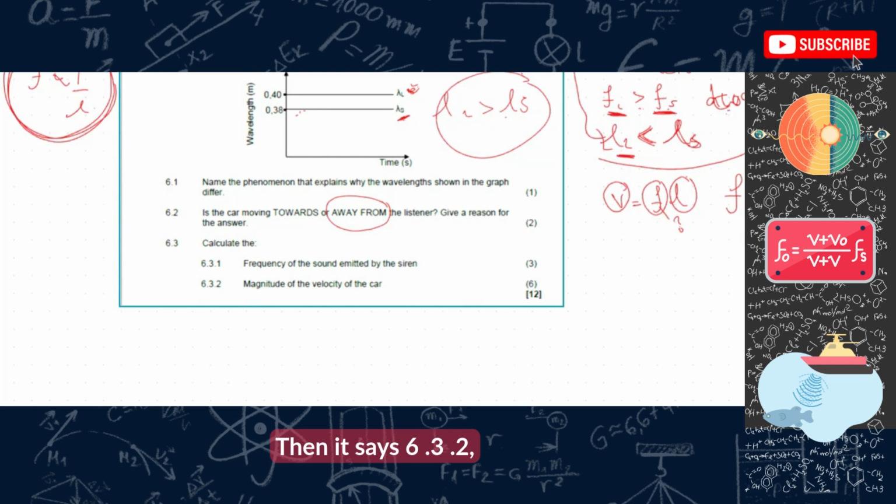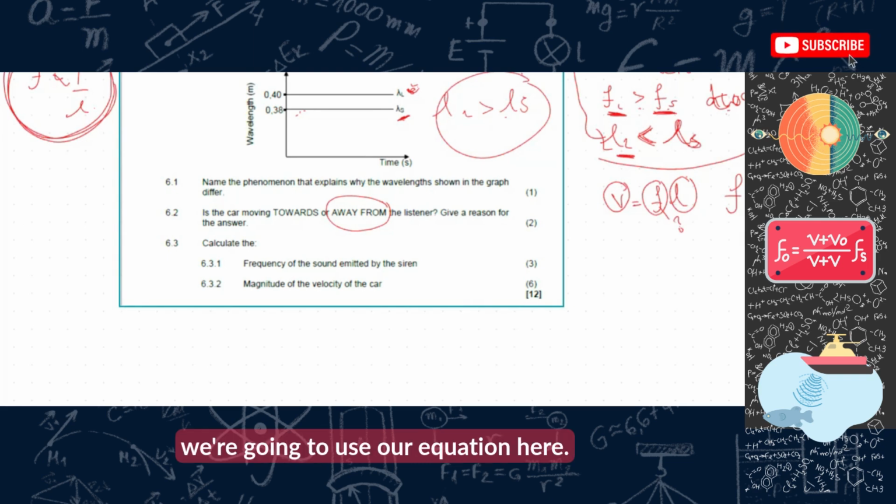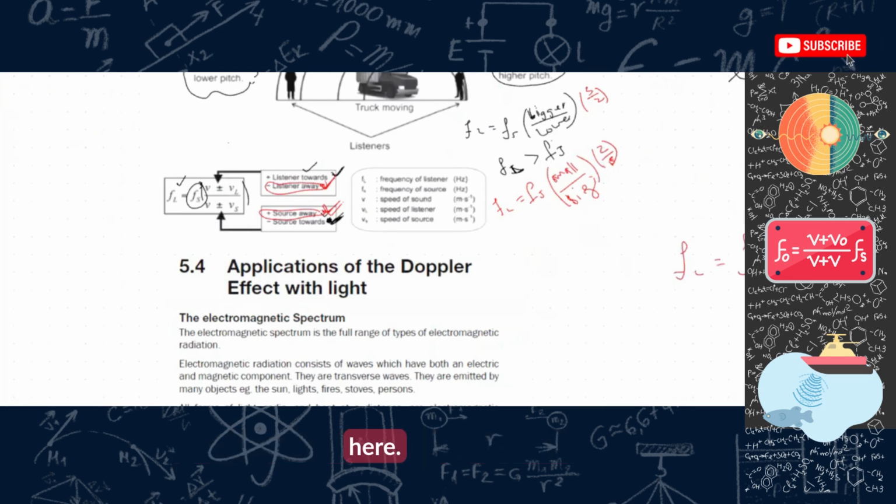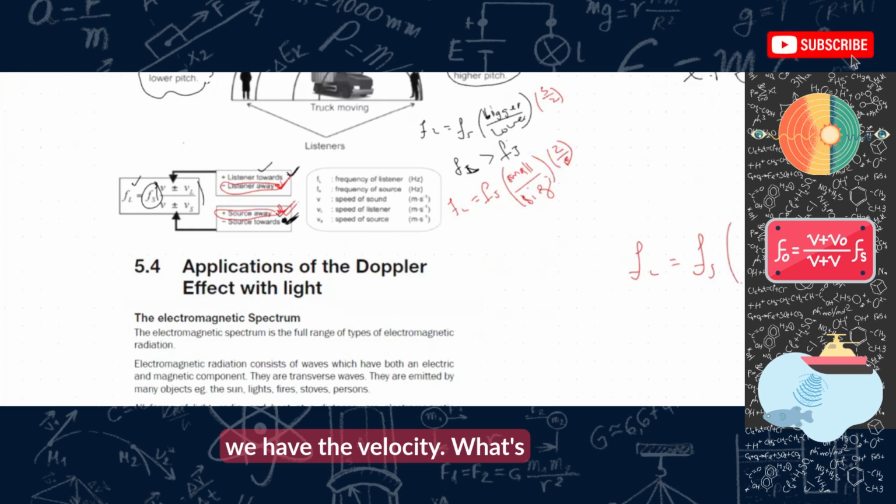Then 6.3.2 asks for the magnitude of the velocity of the car. In this case, we're going to use our equation here. The frequency of the listener is equal to the frequency of the source, and because it's moving away, we have the velocity of the air minus the velocity of the listener over the velocity of the air minus the velocity of the source.